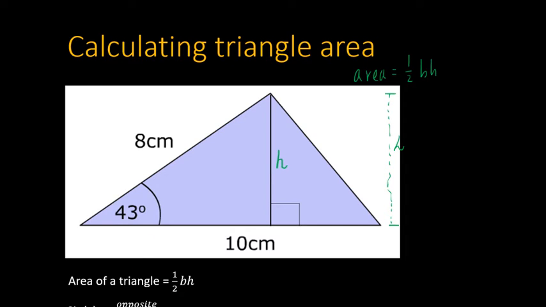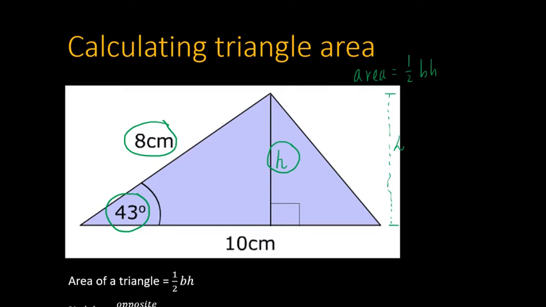Calling on the information that sine of x, some angle x, is equal to opposite over hypotenuse, here's what I can do. Okay, I know that this angle is 43 degrees. I'm trying to find h, and I know that the hypotenuse measures 8 centimeters.